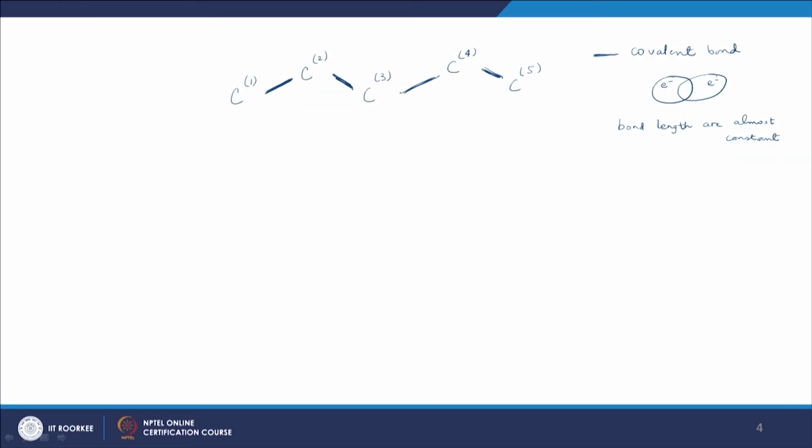Now, let us say I look at this particular angle or this angle or that angle. Okay. Now, what is happening, right? If you start thinking about it, there are some electron clouds overlapping here and some electron clouds overlapping there, and this angle is formed by some sort of a balance between the electron cloud overlap here and the electron cloud overlap there.